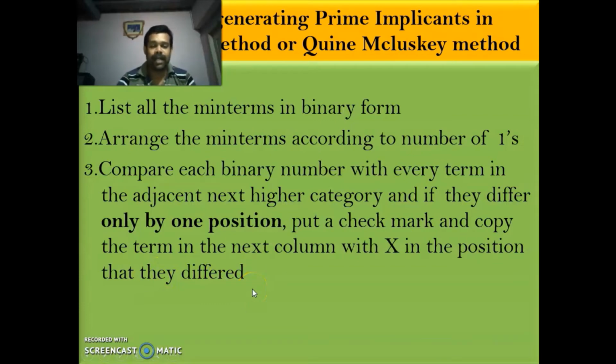After arranging the minterms depending upon the number of ones, the row above should be compared with the row below, and we take two minterms if they differ by only one bit. Next, you have to apply the same process once again.